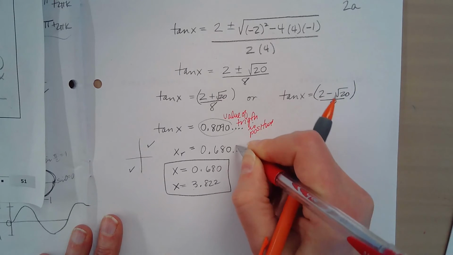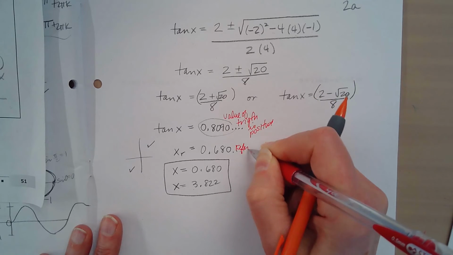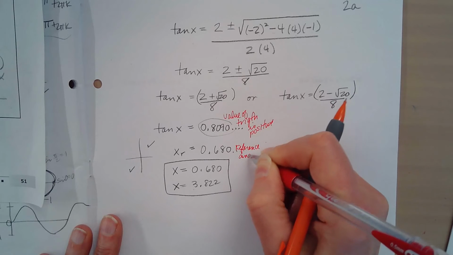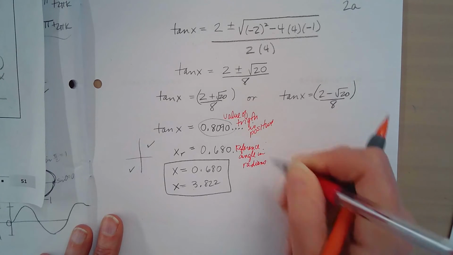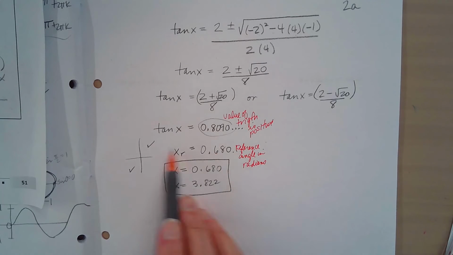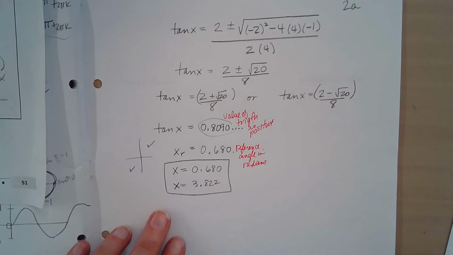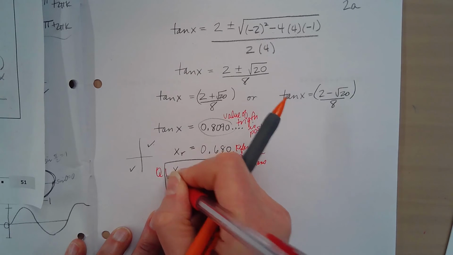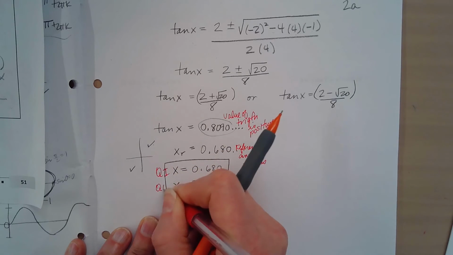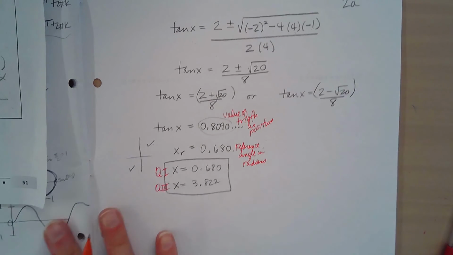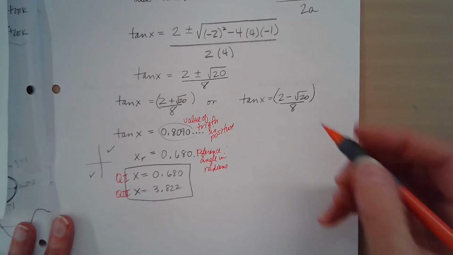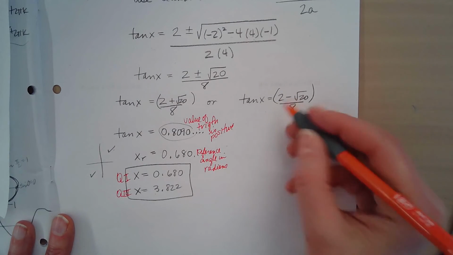This is my reference angle, in radians, because they asked me to do it in radians. So my reference angle is my quadrant 1 angle, and my quadrant 3 angle is found by adding it to pi. Okay, and we're still not done.